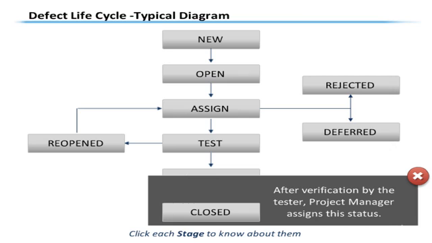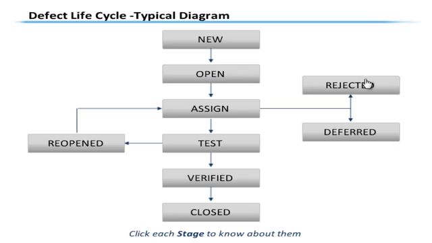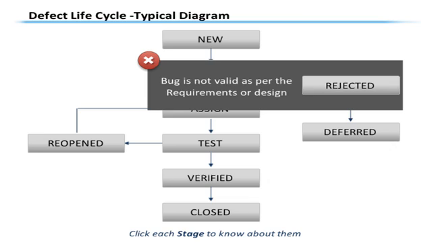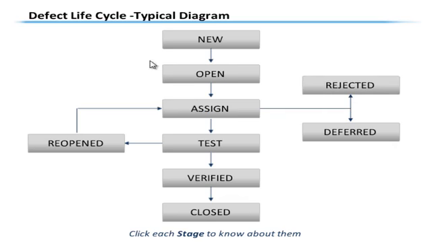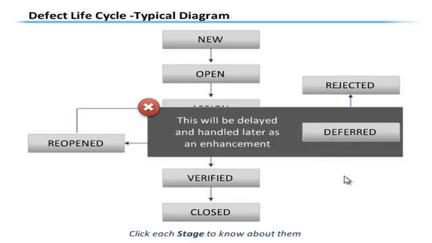After verification by the tester, the project manager assigns it to the status of closed. Rejected. The bug is not valid as per the requirements or design. Deferred. This will be delayed and handled later as an enhancement.